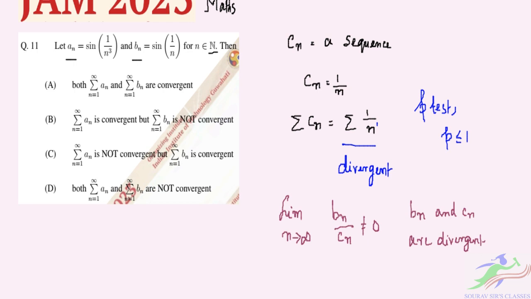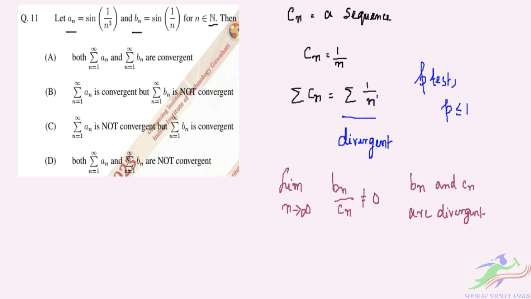So let us check what it is. b_n is already given as sine of 1 upon n, so we write this as the limit as n tends to infinity of sine of 1 upon n, and c_n is 1 upon n.